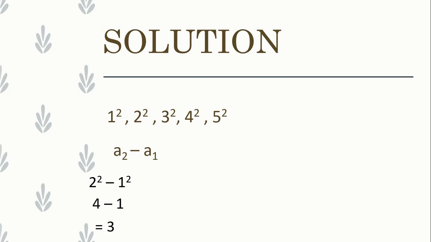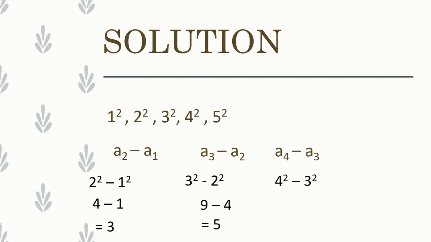Continuing to the second and the third term, 3 squared minus 2 squared, that's 9 minus 4, that is 5. Continuing to the third term and the fourth term, that's 4 squared minus 3 squared, that's 16 minus 9, that is 7.